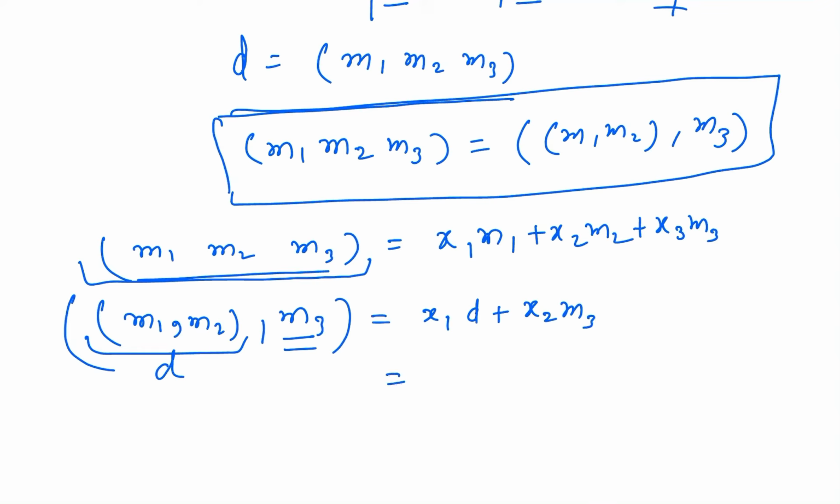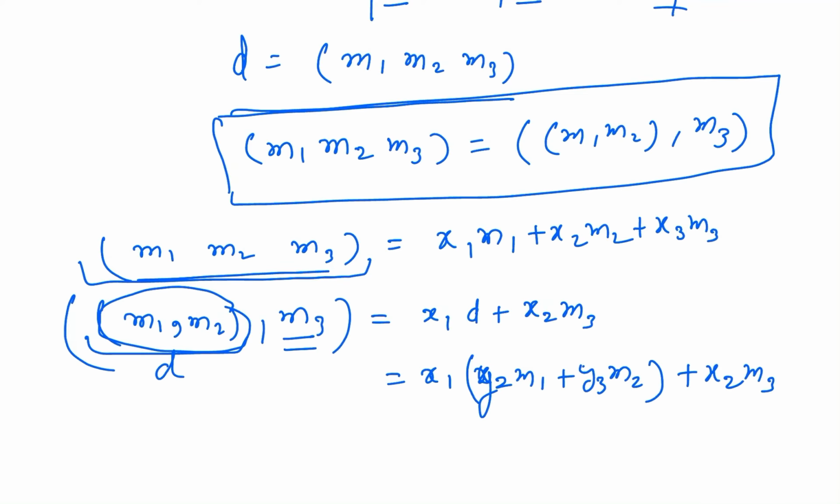Now D is GCD of M1 and M2. It can be written as a linear combination of M1 and M2. So x1 into, sorry, y2 M1 plus y3 M2, plus x2 M3.